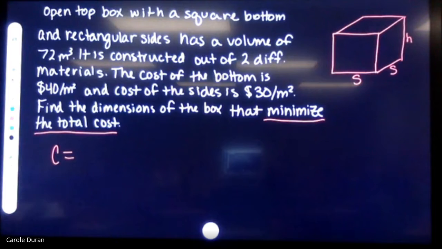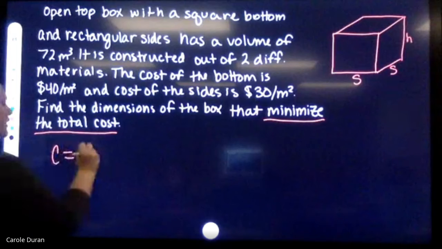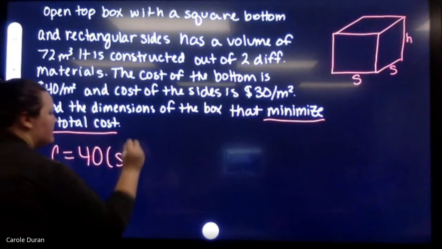When we break this down, I know that it is $40 per meter squared for the area of my base, correct? So how do I find the area of my base of this box? Which is the bottom of the box. So what is it? S times S, which is S squared. So it starts with 40 S squared.